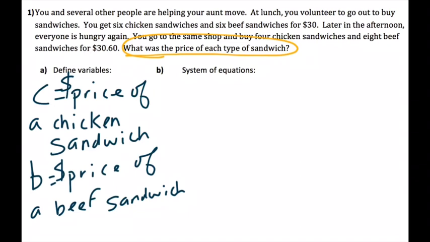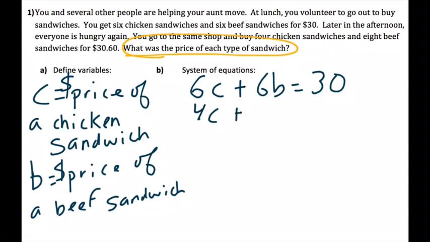Okay, so for your first equation, you have 6 chicken plus 6 beef equals $30. You go back later and you get 4 chicken plus 8 beef, and that equals $30.60. So we want to find out the price of each type of sandwich.